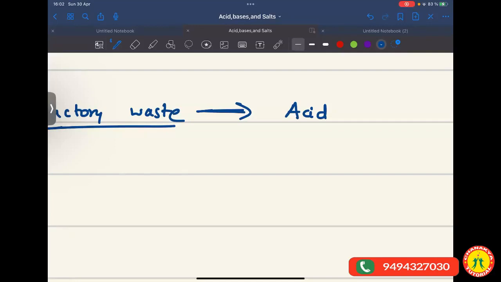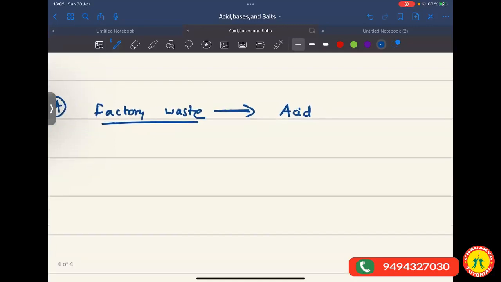So the factory acids, before adding them to wastewater, have to be neutralized. This acid is dangerous. They have to be neutralized before discharge into the water ponds or anything, by adding a basic substance. Please take note of it.